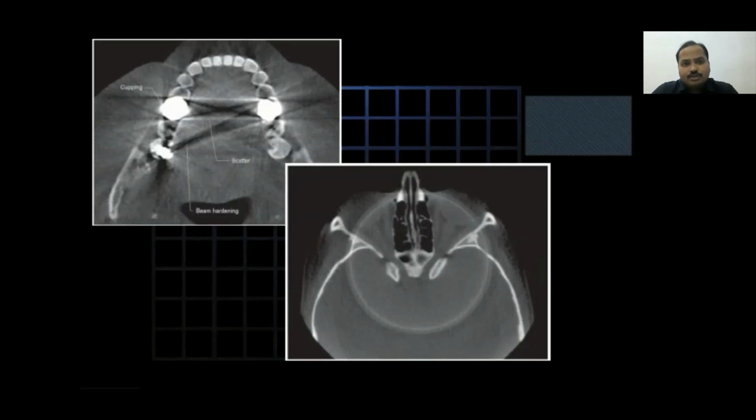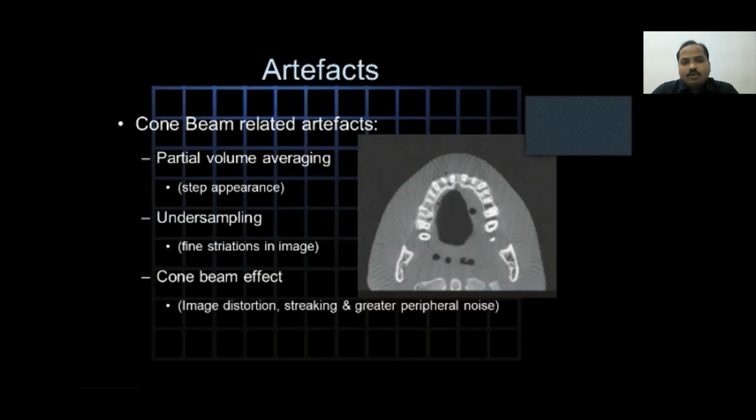These images are showing the cupping artifacts, and the second one is showing the streak artifacts where the dark lines are seen. Then cone beam related artifacts, where partial volume averaging is a type of artifact related to the projection geometry of cone beam technology, where a step appearance will be seen.